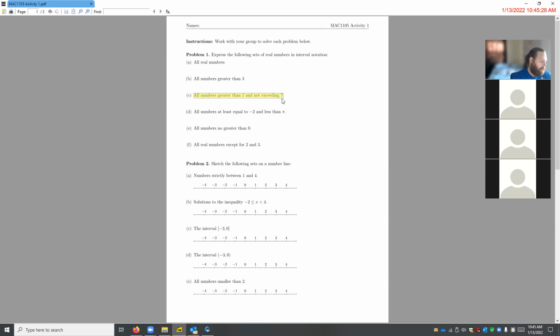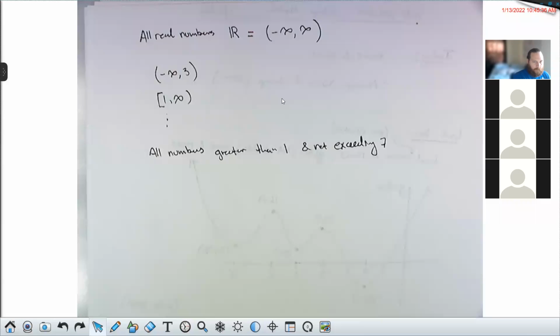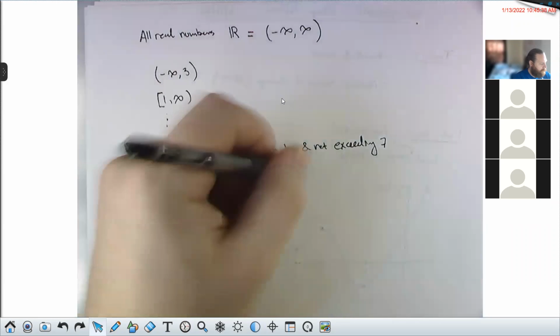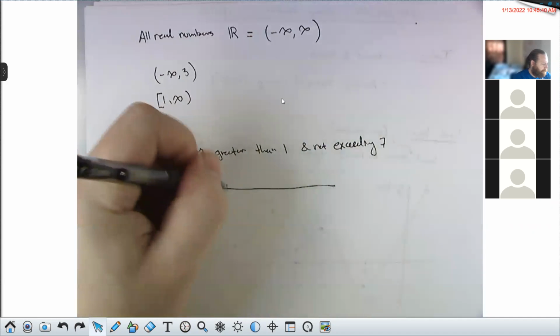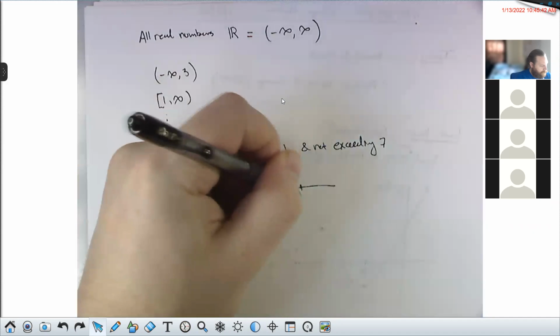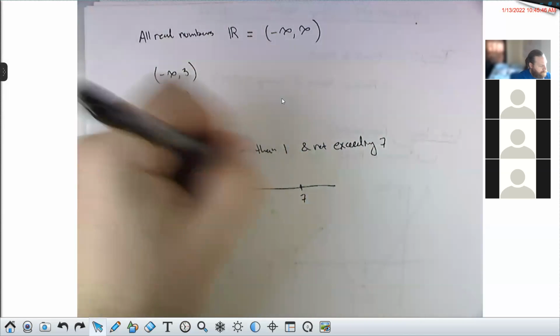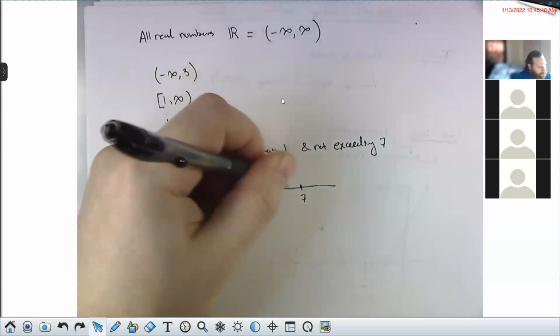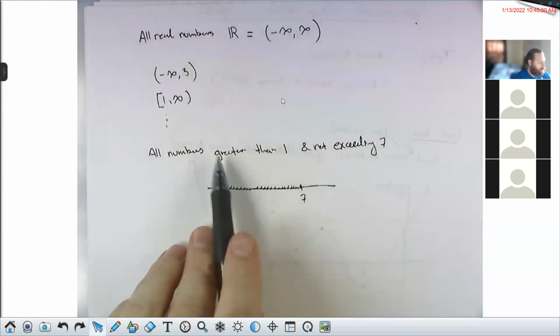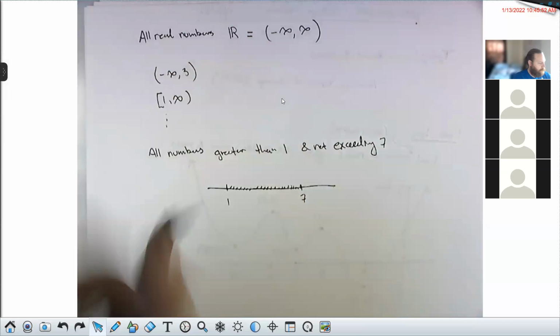Would it be open parentheses, 1, and then 7, and then closing parentheses? Very good. All right, so all numbers greater than 1 and not exceeding 7. That means I'm definitely bigger than 1, and everything between 1 and 7 works. Strictly greater than 1 means 1 is not included.